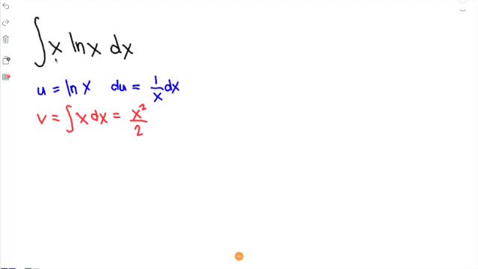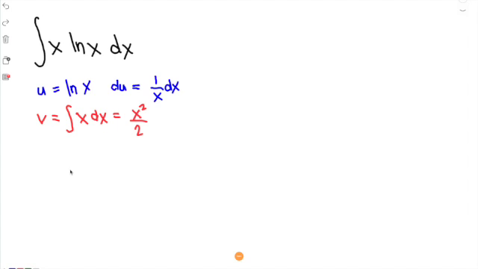But the c for this problem here wouldn't be cancelled. You need to write it down since we are evaluating indefinite integrals. Okay, so I hope you understand a bit how you filter which would be u and what would be v.